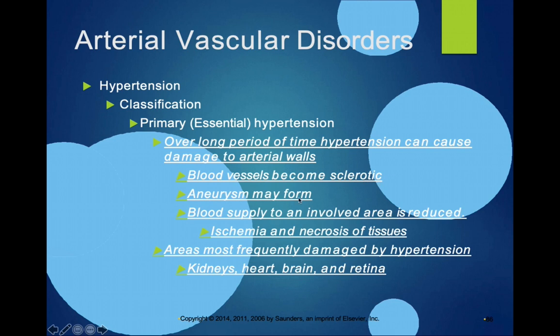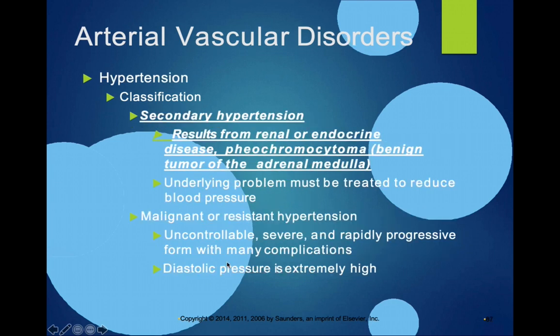And an aneurysm may form. We'll show you what that looks like in a second. It's a weakening of the arterial walls. The blood supply to an involved area becomes obstructed or reduced, and then you get ischemia, necrosis of the tissues. And the area most frequently damaged by hypertension: kidneys, heart, brain, and the eye, the parts of the body that have the smallest blood vessels and that are very metabolically active.